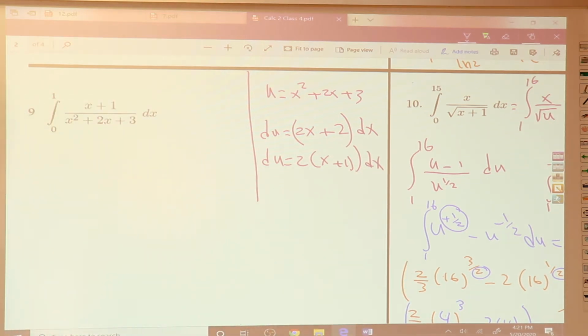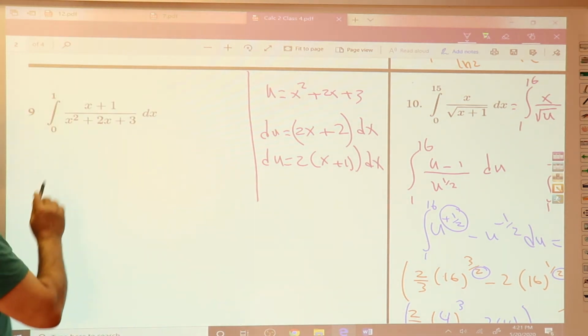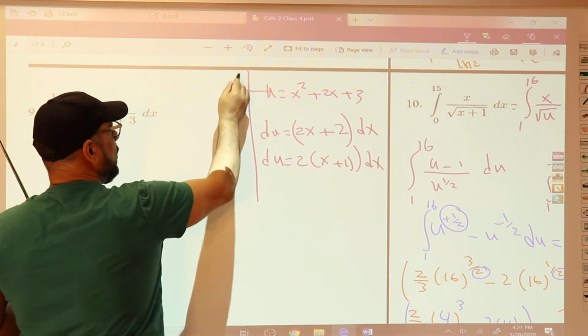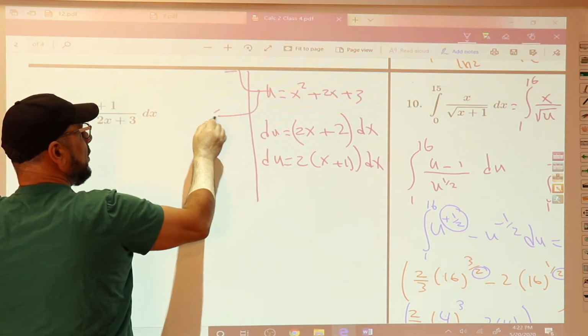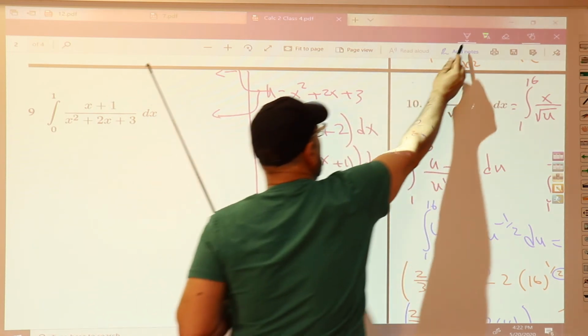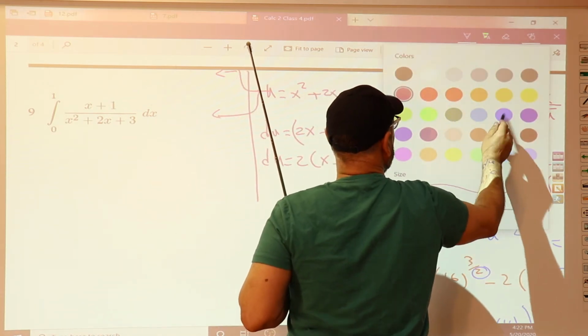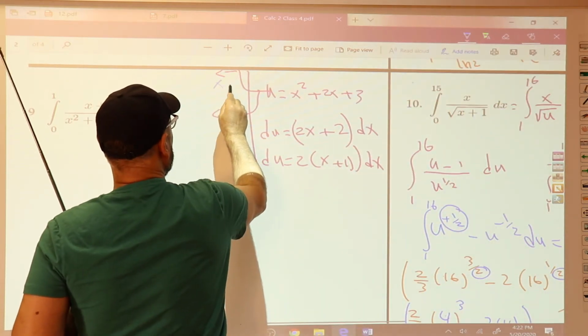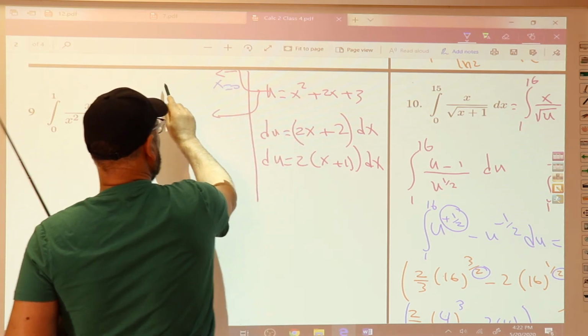Good. Then, if you want to change the limits, let us change them. When x equals 0, u equals 3.